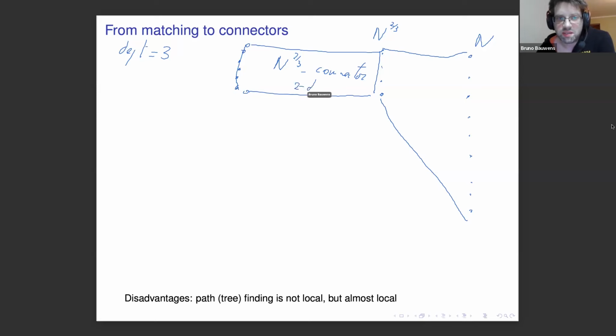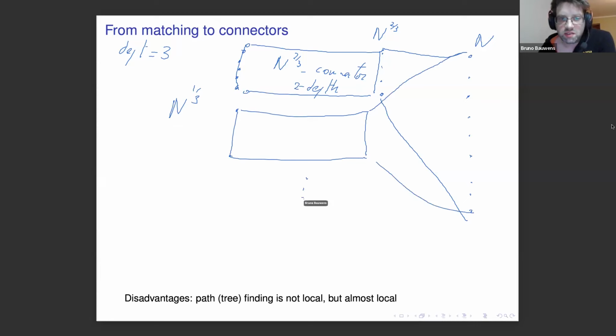Recursive in the depth. And so we copy, we have n to the power 1/3 such connectors. So that's our plan. Okay, I'm approximating something. The numbers are slightly off, but let's ignore this.